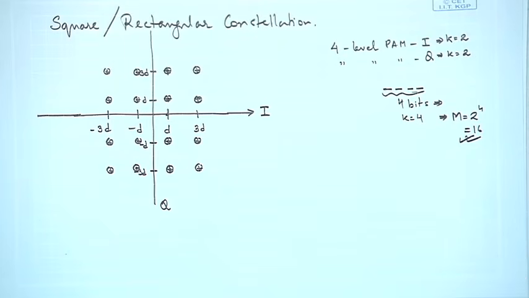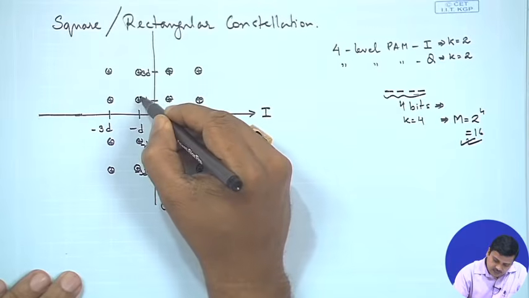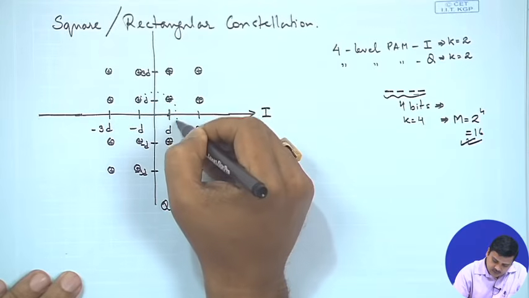So, what we see is that the constellation for quadrature amplitude modulation can be created in two possible ways. One is where you select a PAM and you mix it with a phase shift keying, and the other is you could do a mixing of two PAMs on separate I and Q axes. If we look at this, select a subset here.